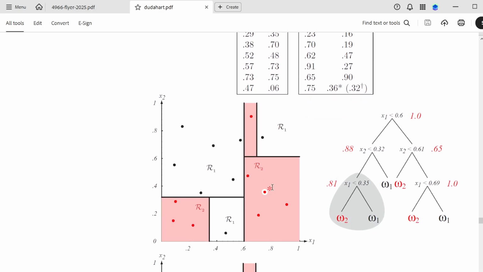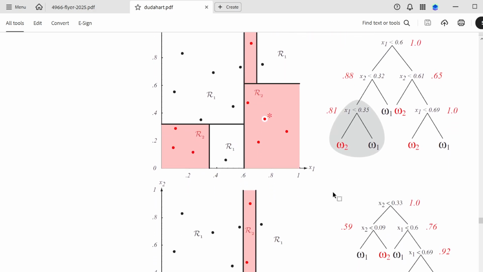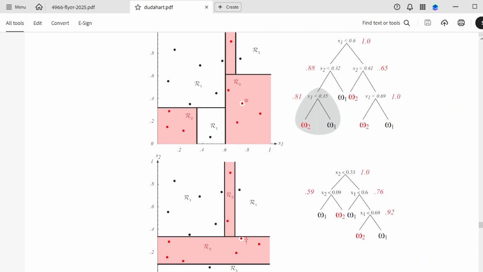That's what this asterisk here is. So if I just change that one data point a little bit, I get very different decision boundaries for the classification tree. Let me make this a little smaller, right? So that means that the tree is very sensitive to just little changes in the data, right? And generally, we don't want classification that is so sensitive to just moving one point around, right? So that's one problem with decision trees: they are kind of fragile.